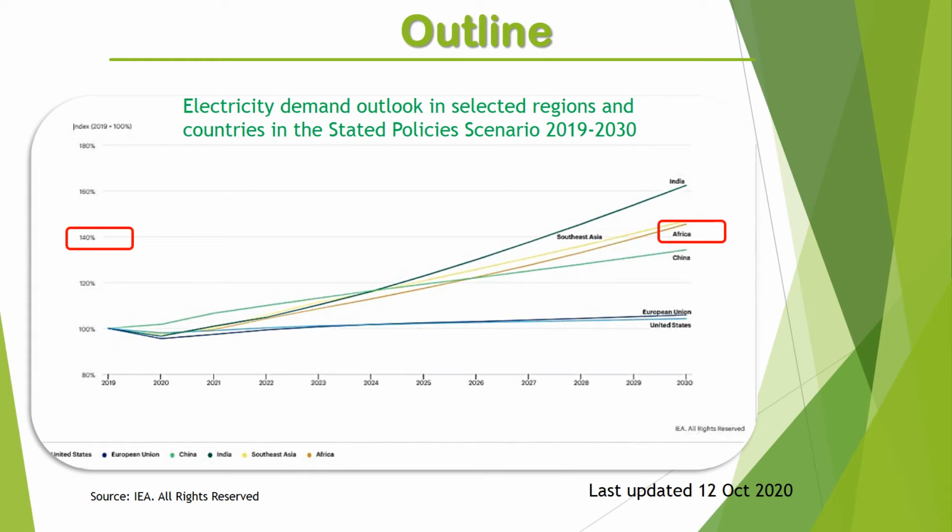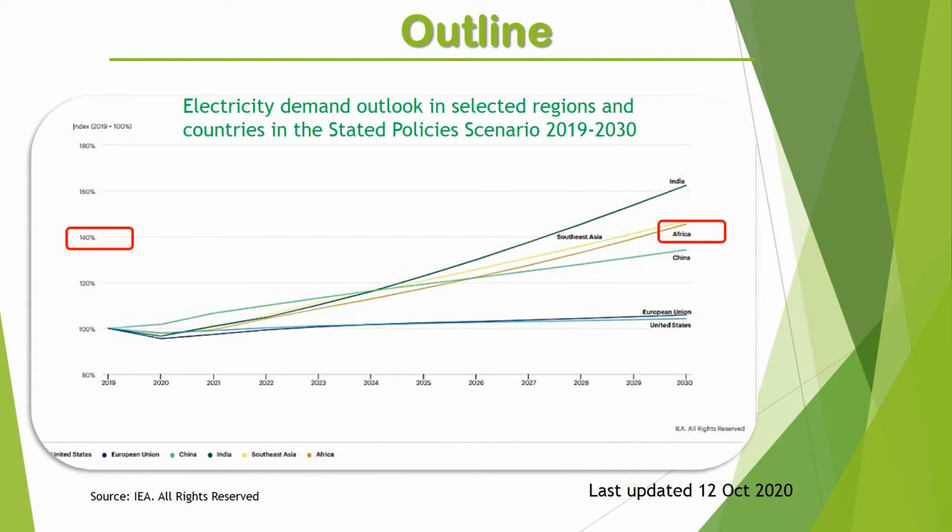So in the beginning, we can see in this photo the electricity demand outlook in selected regions or countries in the stated policies scenario between 2019 and 2030. Global electricity demand recovers to surpass the pre-COVID-19 level in 2021.